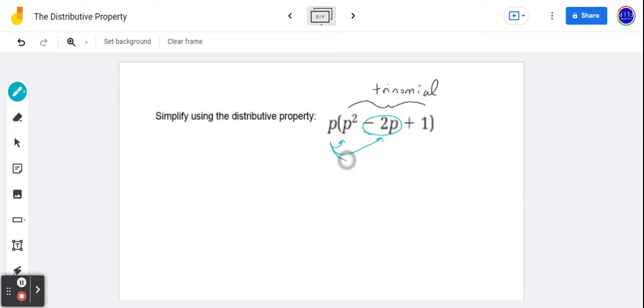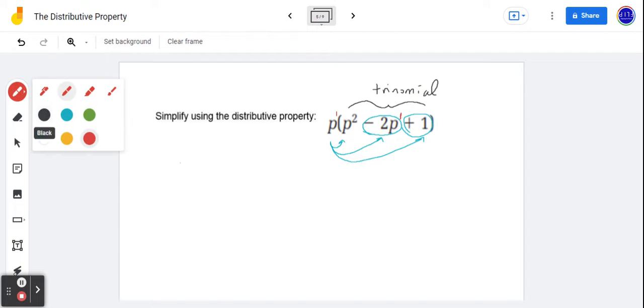And then thirdly and lastly, p multiplied by the positive 1. Also remember that the exponent on p here, this multiplier, is 1. Also here in the 2p term, it's a 1. So what I'm going to do, I don't normally do this, but I'll do this for the first couple of examples, is write down the partial products without actually having multiplied them.